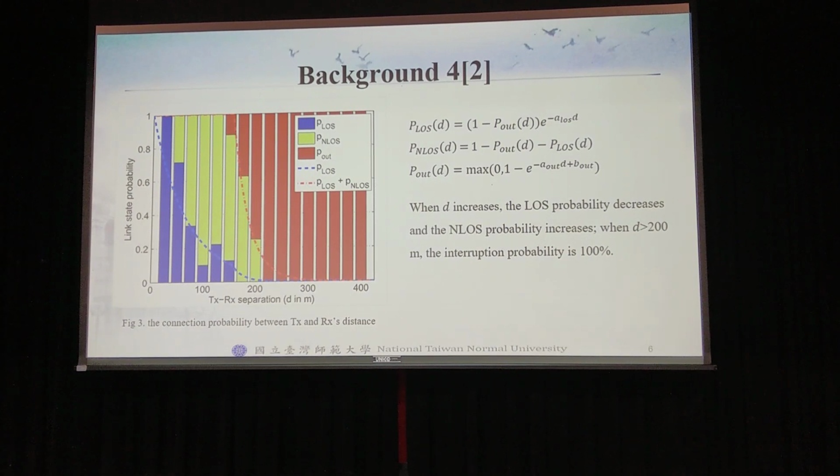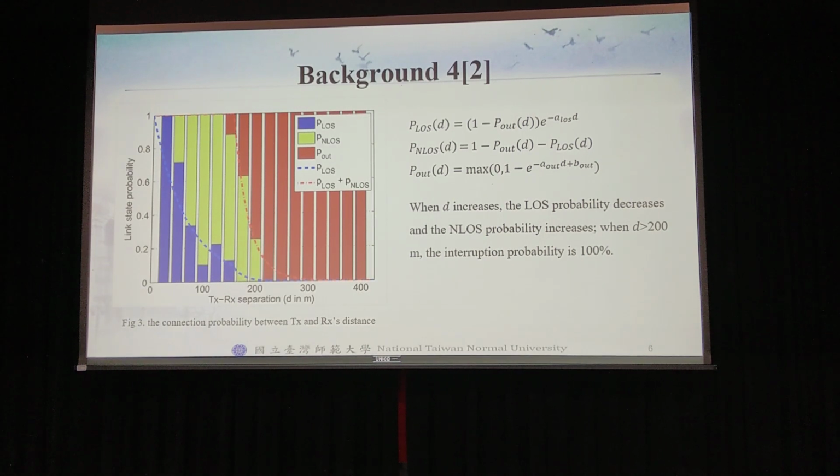In this case, the x-axis means the distance from the transmitter to the receiver, while the y-axis means the probability of connection. P_los is the probability of line-of-sight wave, and P_nlos means the probability of non-line-of-sight wave, and P_out is the probability of disconnection.